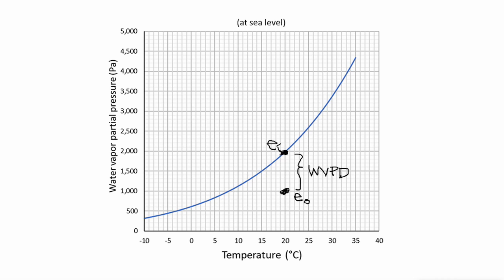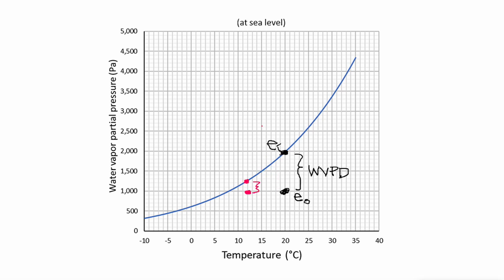If we took the same air mass and we cooled it down, so it was, say, later in the day when it got colder, and it cooled down to, let's say, 12 degrees C here, we would have a much smaller water vapor pressure gradient, right? Once again, the interior of the plant's at saturation. It's always along that line. And now at 12 degrees, we'd have a much smaller water vapor pressure deficit. Is that what I said? I think I said gradient. I meant deficit.